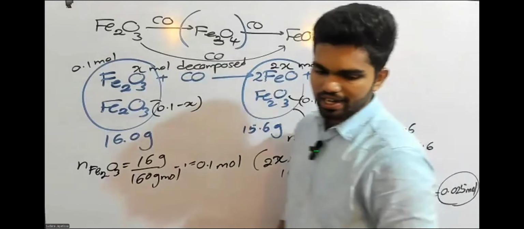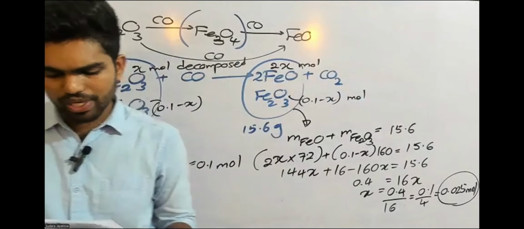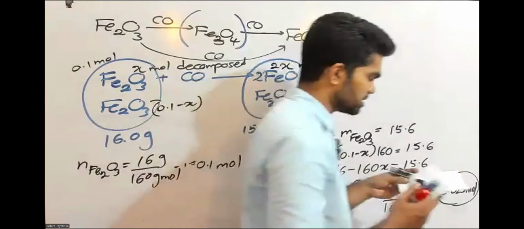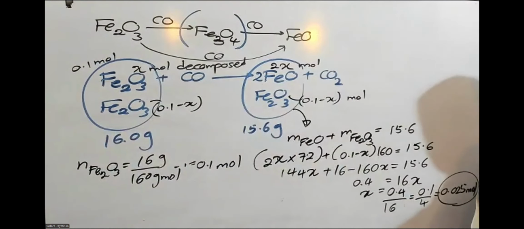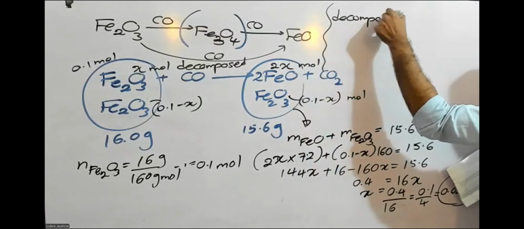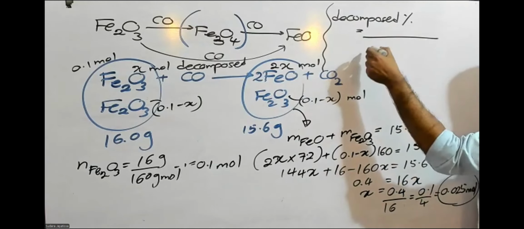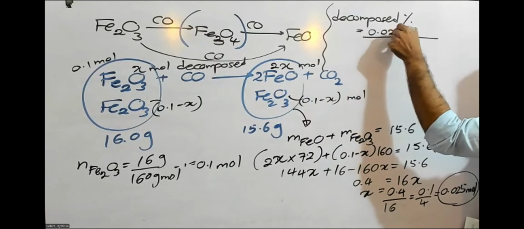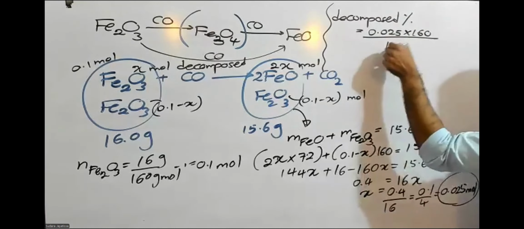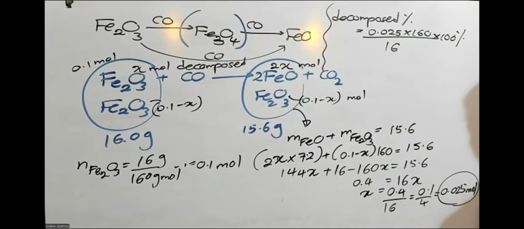Okay, so now I got the answer in moles, but they are not expecting the answer in moles, no? They are expecting the mass percentage of decomposed Fe2O3. So how do we show that? Decomposed percentage is equal to 0.025 times 160, that's the decomposed mass, over 16, the initial grams, and then put it as a percentage.